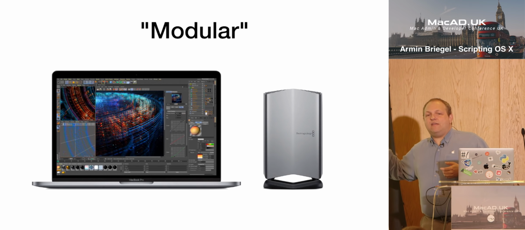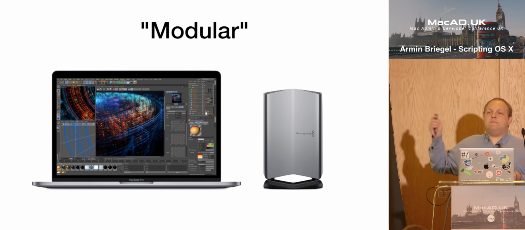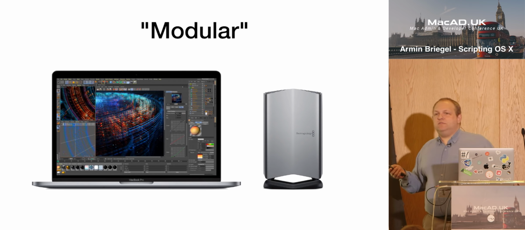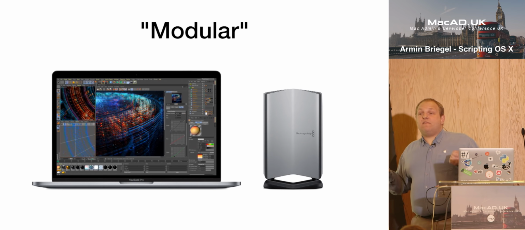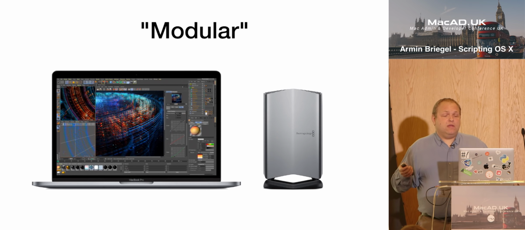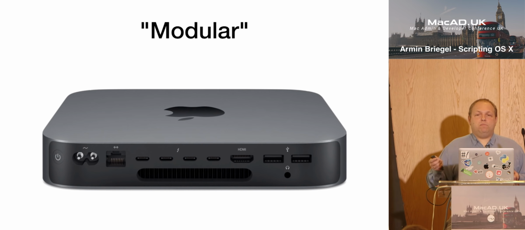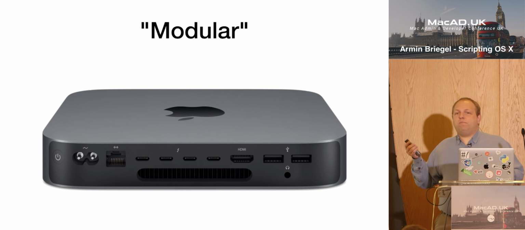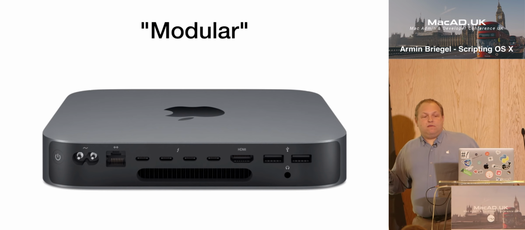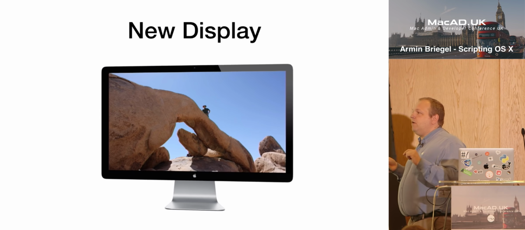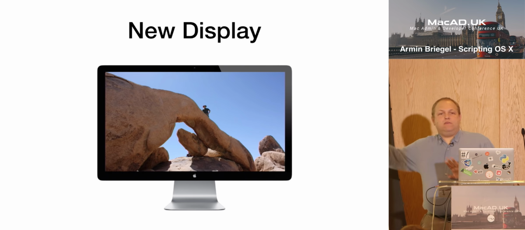You can attach an external GPU to a MacBook Pro through Thunderbolt. This is powerful. This is awesome. Thunderbolt 3 is wonderful. The Mac Mini has 4 Thunderbolt 3 ports. That's like 4 PCI slots. Apple also said they're working on a new display. I used the old one.